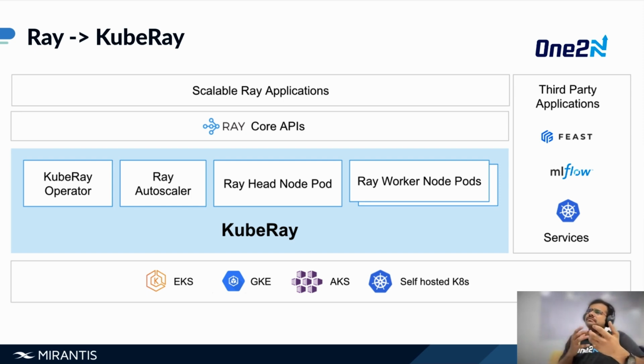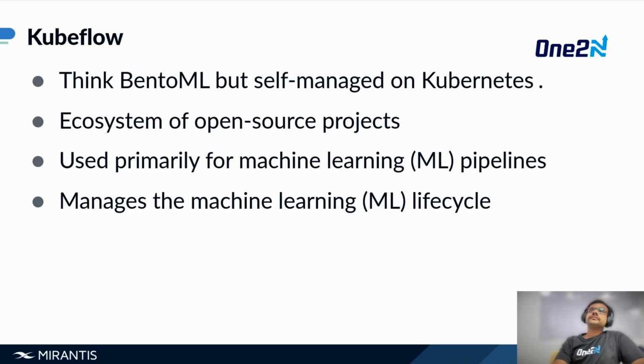It provides you a bunch of custom resource definitions for running your workloads as Ray services, Ray jobs, etc. And it also integrates with a lot of third-party MLOps platforms such as MLflow and your Kubernetes services themselves, which was great. And then we tried to build something similar to BentoML, but for our own teams. Because in future, if we are going to have some ML engineers and data engineers work on our stack, how are we going to provide them a self-service platform?